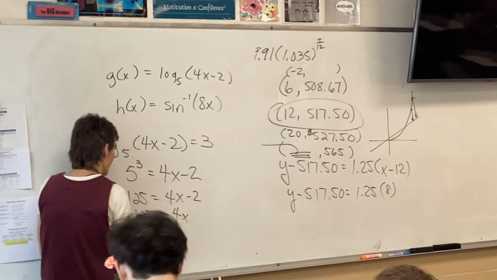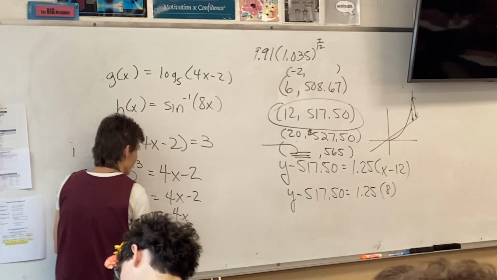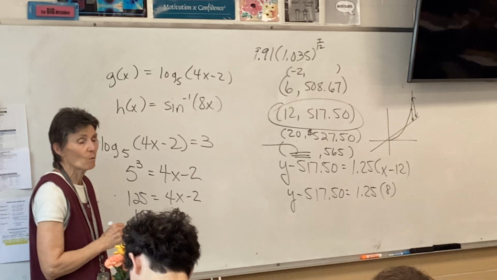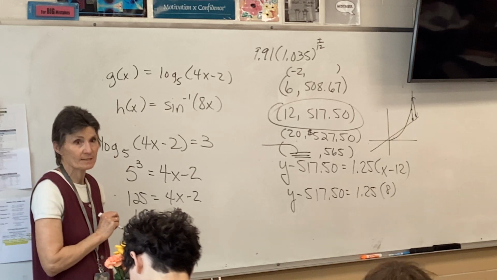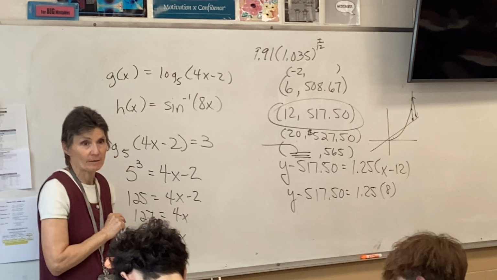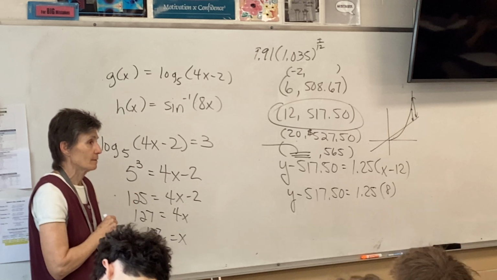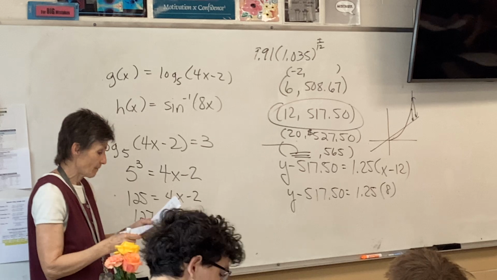So I got 127 over 4. And there's nothing wrong with 127 over 4 unless it says decimal approximation, which it's going to say on the calculator problems. This is not calculator.